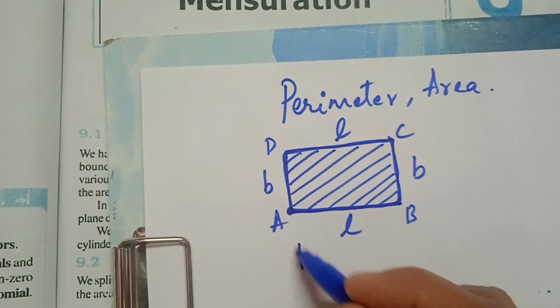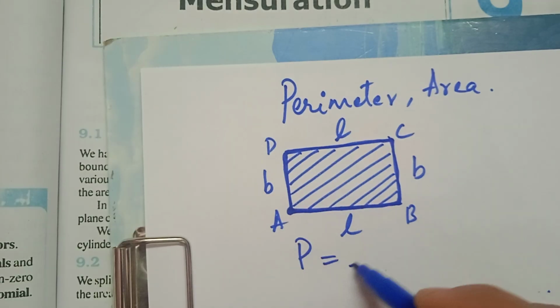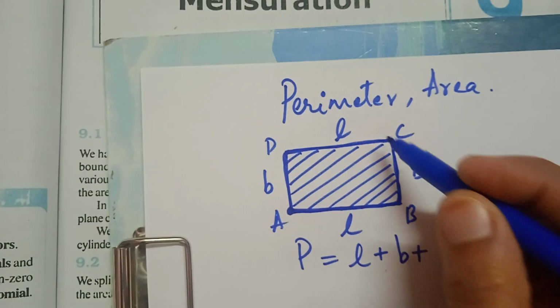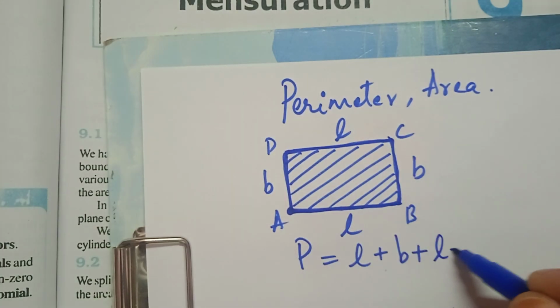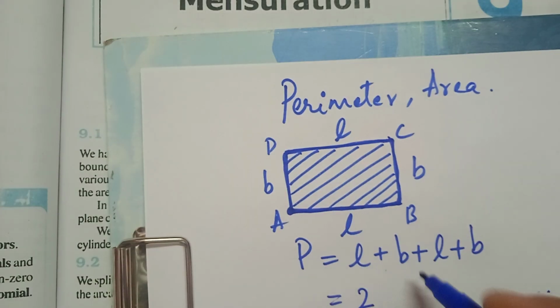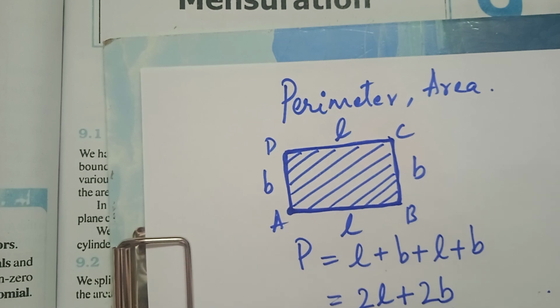So the perimeter is L plus B plus L plus B, that is 2L plus 2B, or 2 times (L plus B), because 2 is common. So this is the perimeter of a rectangle.